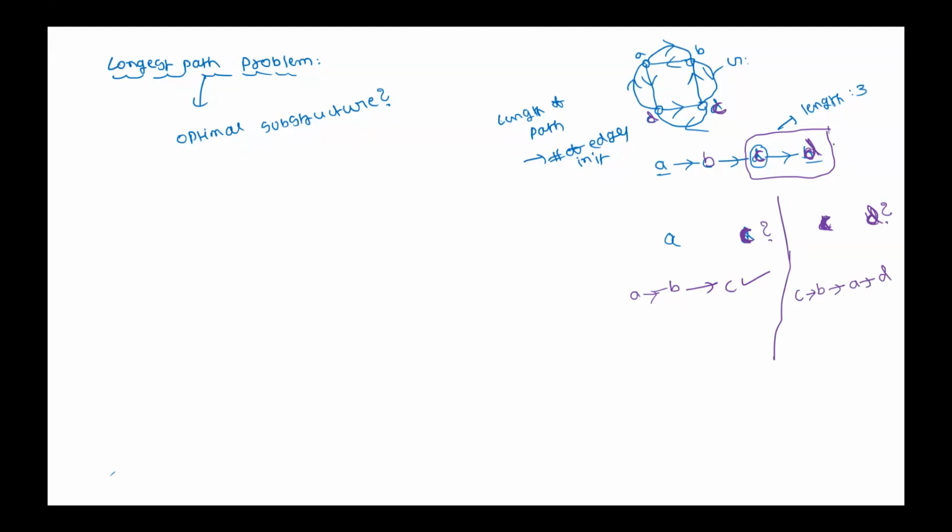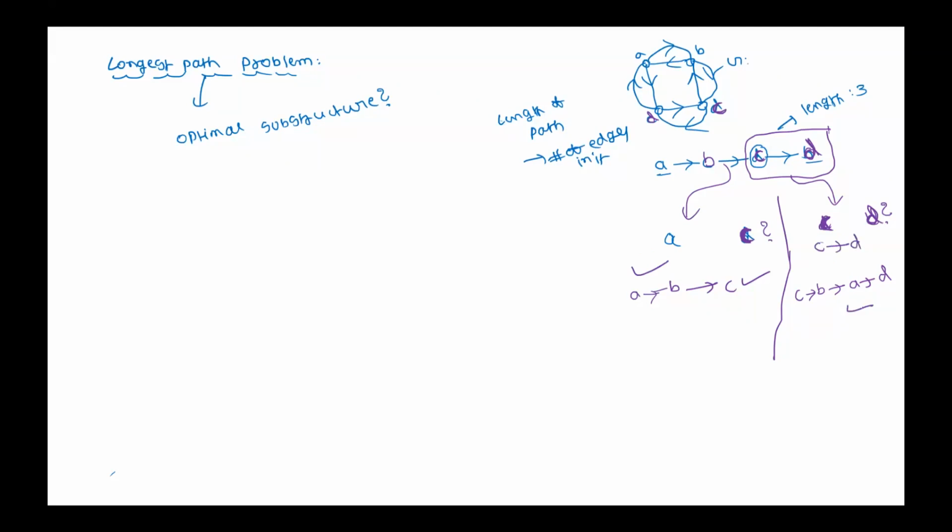So now, does an optimal solution to a problem contain optimal solutions to its subproblems? Unlike the shortest path problem, here it is working correctly, but this subproblem solution is not C to D directly.